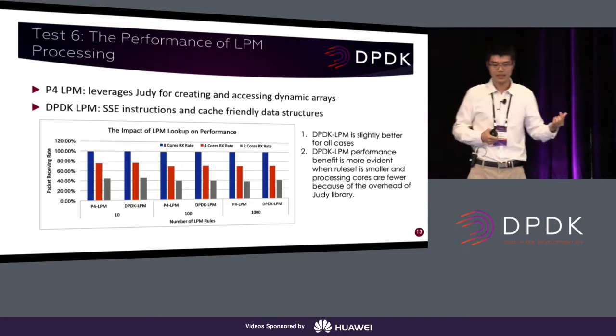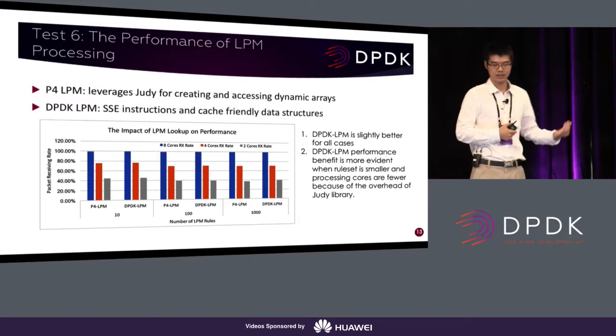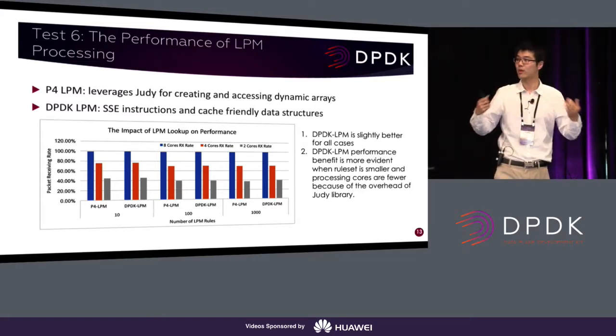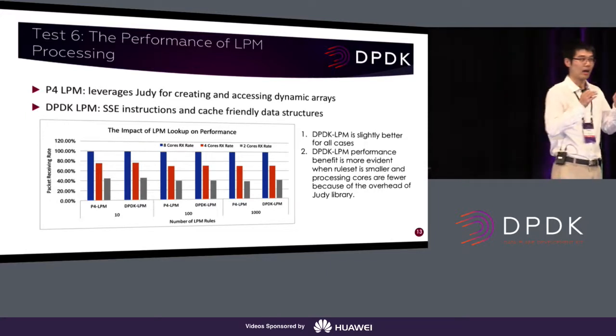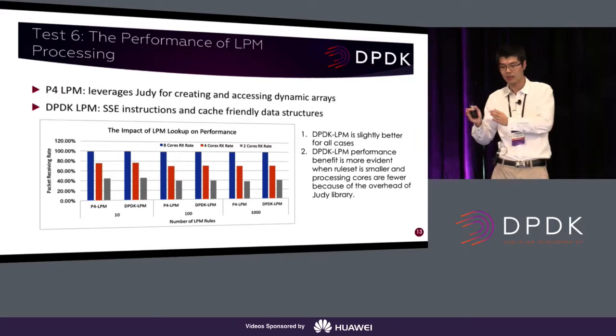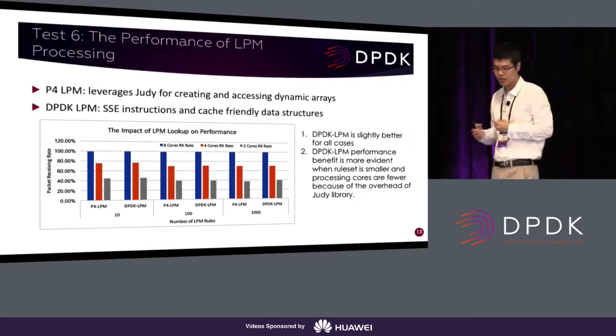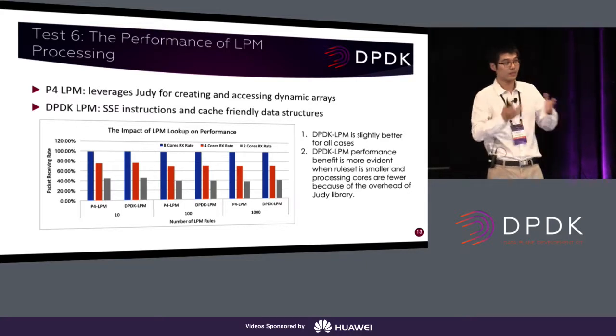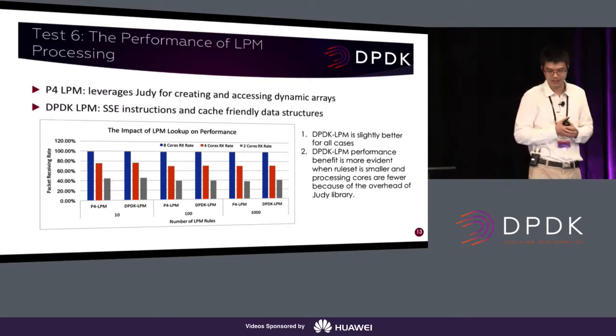So P4 leverages the Judy library, which is used for creating and accessing dynamic arrays. Okay? We want to change the Judy library into the DPDK LPM library, which leverages SSE instructions and is also very cache-friendly in the code design.